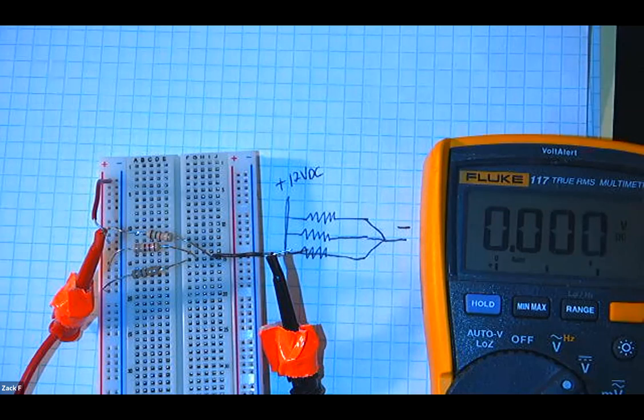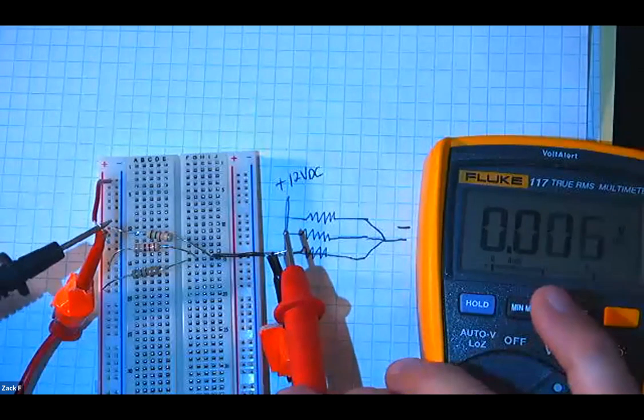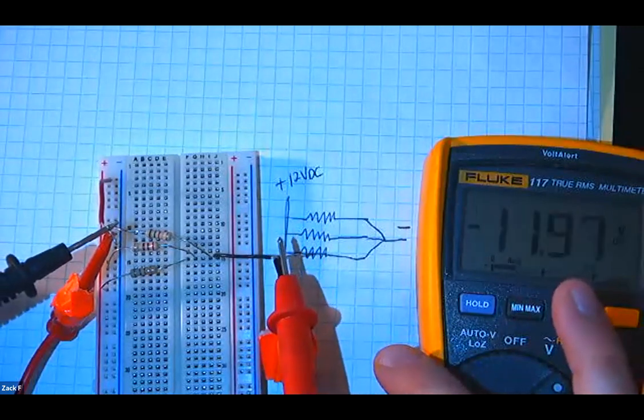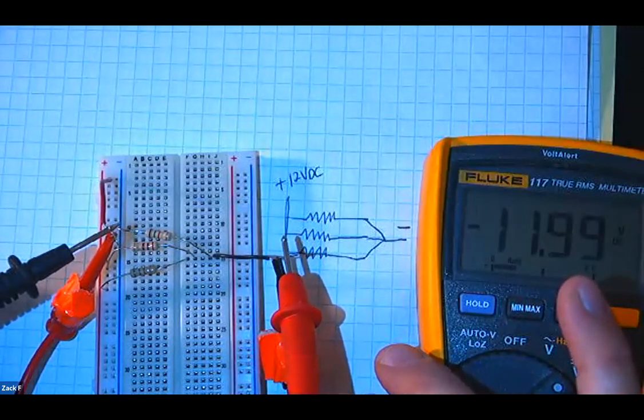So if I put my channel 1 to 12 volts, turn channel 1 on, I read, and to end, I've got 12 volts running through this circuit.